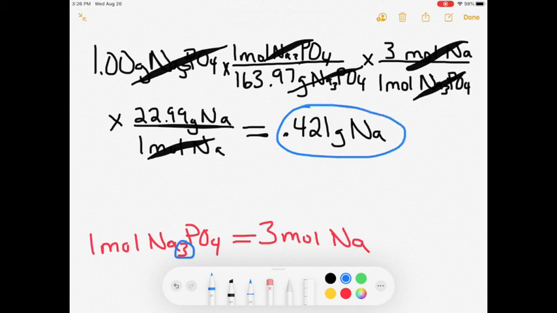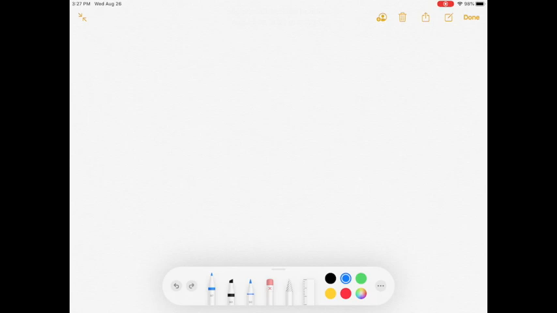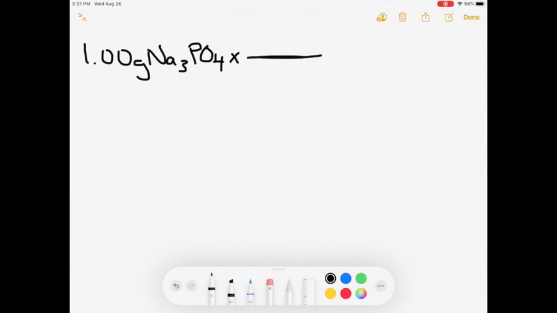So we're going to do that for every element in sodium phosphate. Next, we're going to do it for oxygen, and then we can add up how much phosphorus is there. So again, we're going to start with 1 gram sodium phosphate. Again, we cannot go straight to that mole to mole ratio, that conversion factor we're making, until we have our compound in moles.